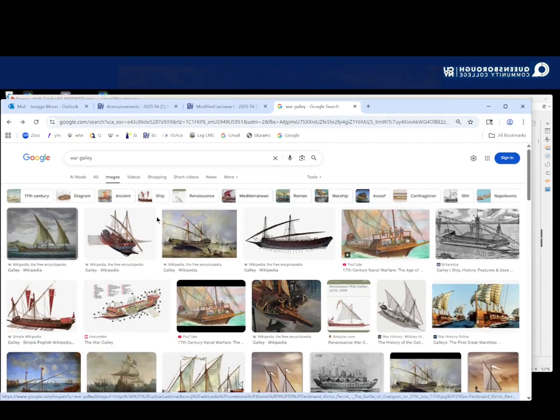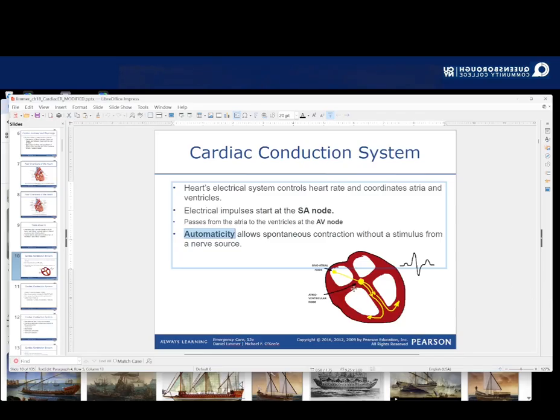In a typical movie that features one of these vessels, there's always some guy either in the front or the back with a giant drum pounding away, and that creates a kind of rhythm that the rowers can row to. So it's kind of like when one of the rowers hears the drum beat is when the cell receives the electrical impulse and it causes the cell to contract, and that's a muscle.